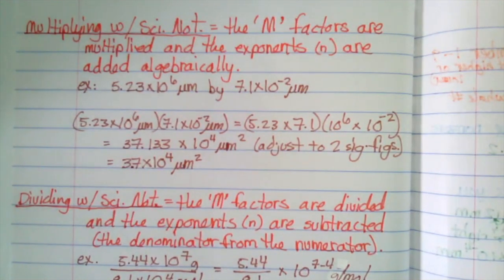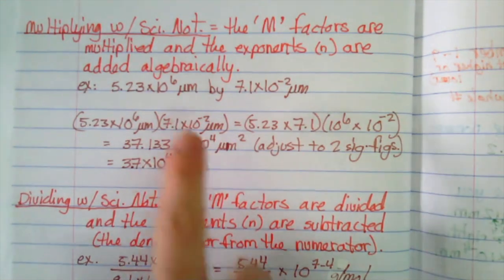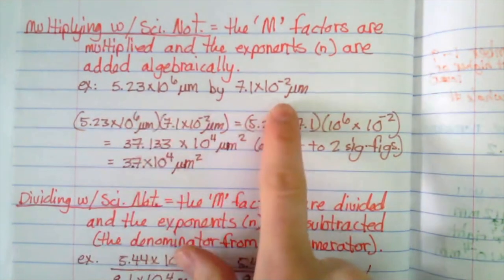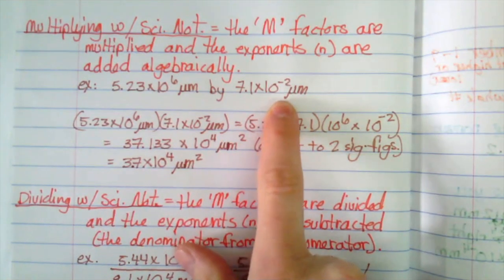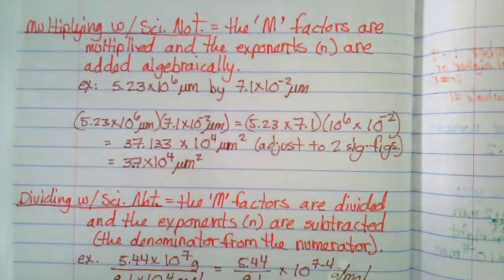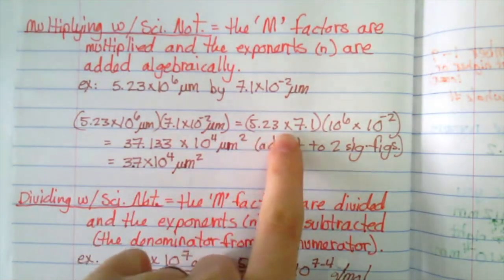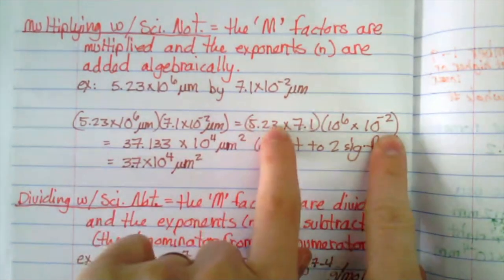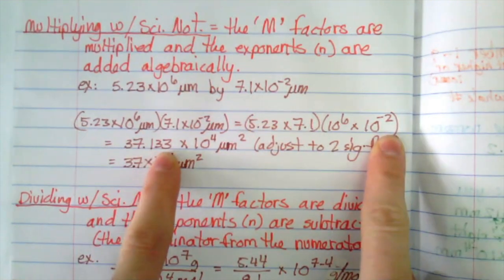When multiplying, the m factors are multiplied, and then the exponents are added separately. And so here you have your example. I have a number to the 6th power and a number to the -2 power, and these are called micrometers. So I put them into my problem, and then I separate out the m's and the n's. These two are multiplied, and you get 37.133.